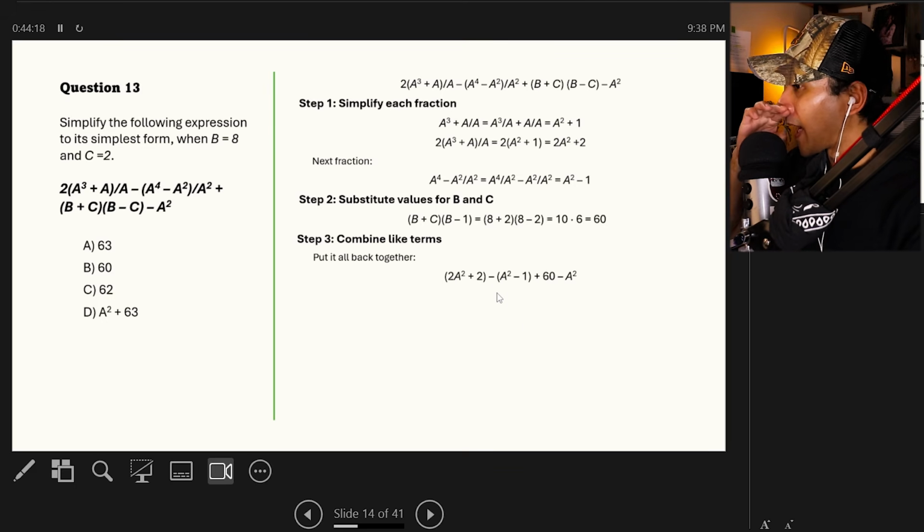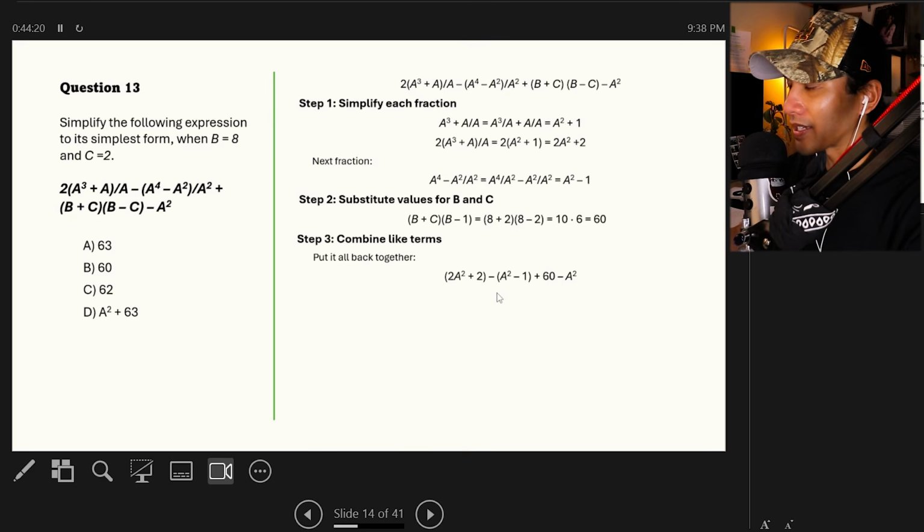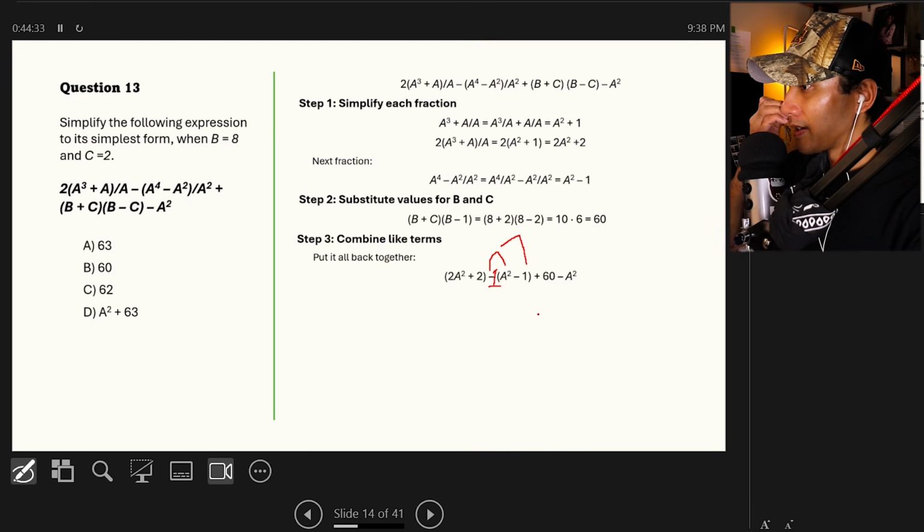Oh, okay. I know what I did. It's good that I wrote it down again. Remember what I said? We have to distribute this negative 1 to a squared and to minus 1. That changes the sign here. So that's what I got wrong. Distribute the negative.